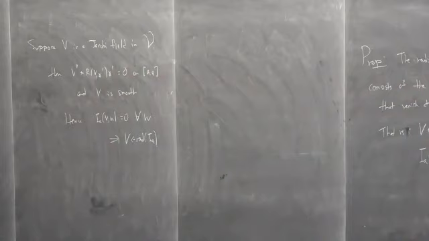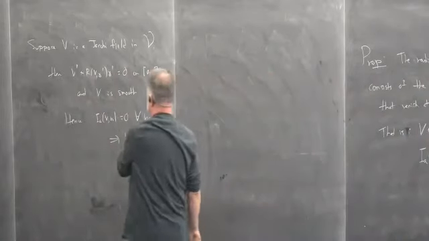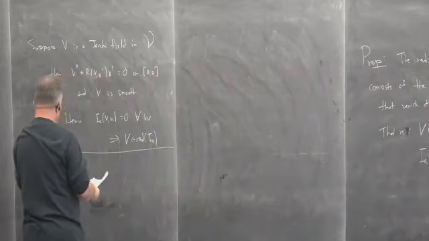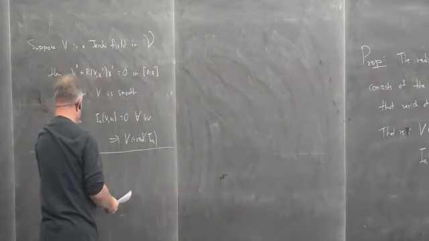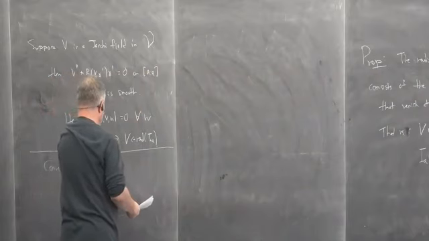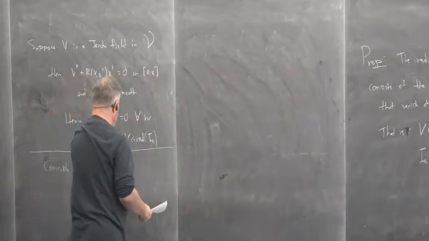So conversely, this is just like how we characterize the critical points of the energy functional. Conversely, suppose V is in the radical of IA.